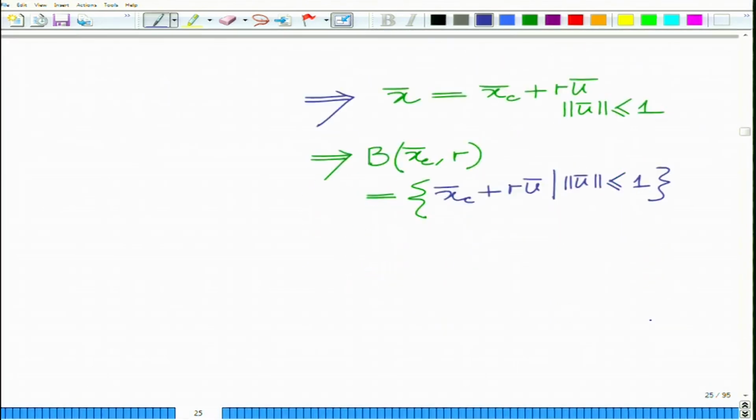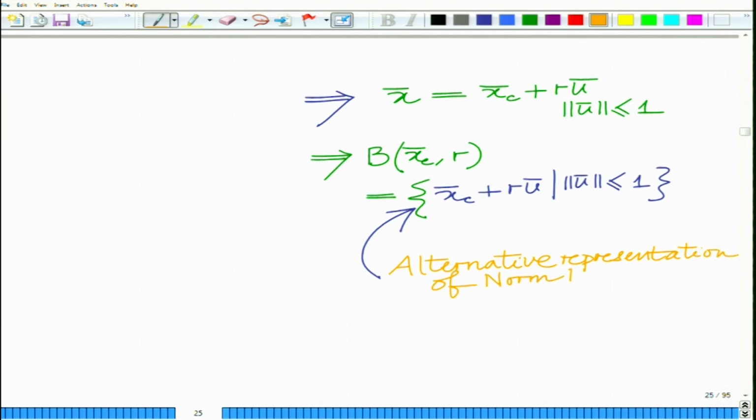So this is an alternative representation of the norm ball.